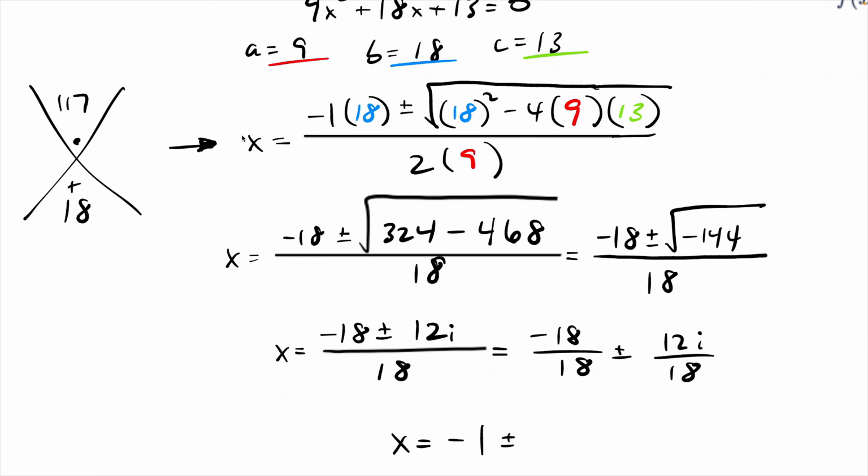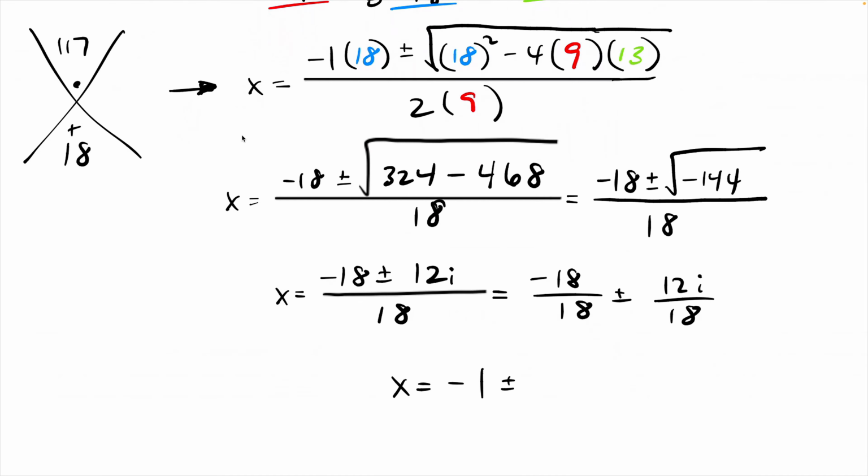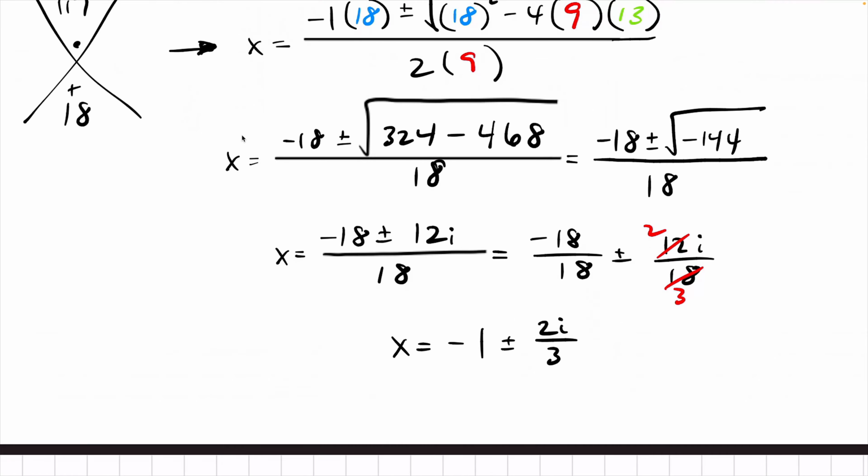It's too big. But I can reduce them. What can I divide 12 and 18 by? What's the biggest number? 6. So 2 and 3, right? So 2i divided by 3. You can write it like that, or you can write it separately.